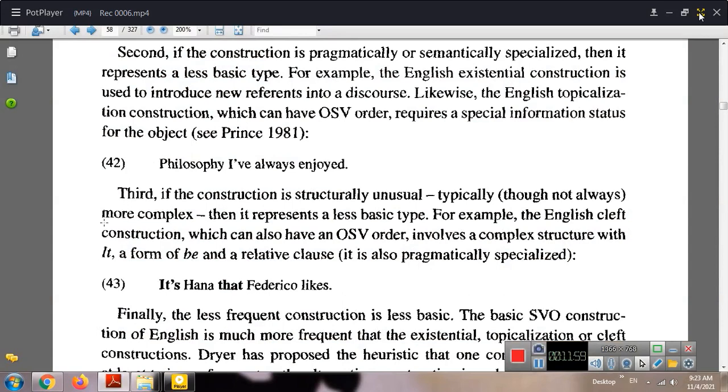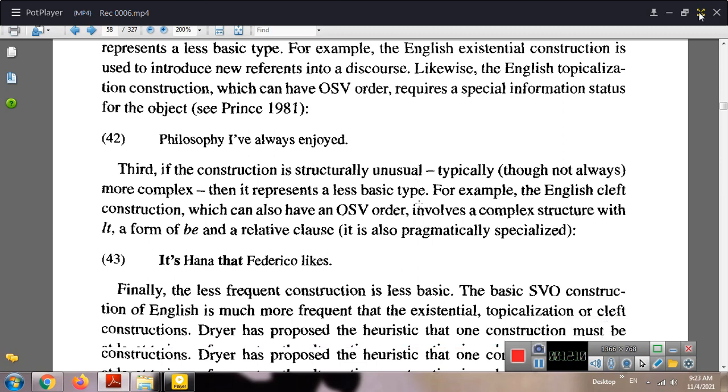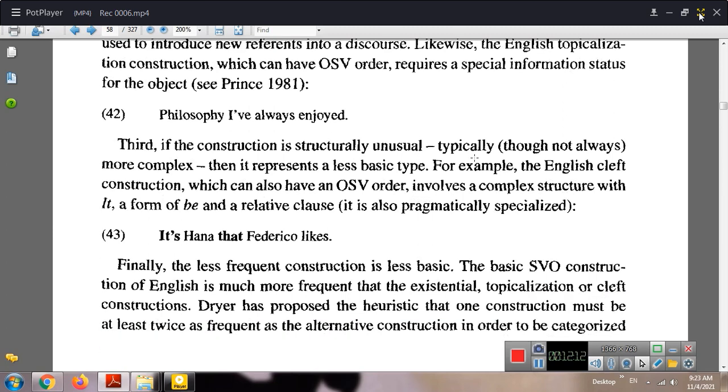The third one is if the construction is structurally unusual. If the construction is structurally unusual, typically though not always more complex, then it represents a less basic type.